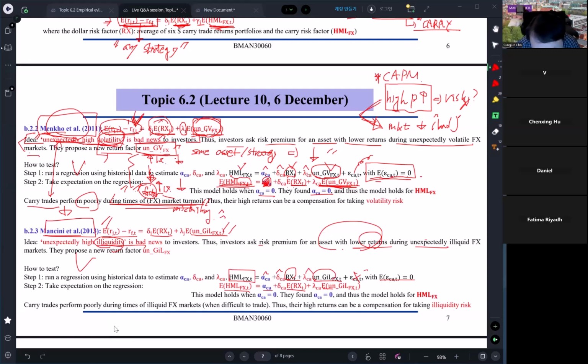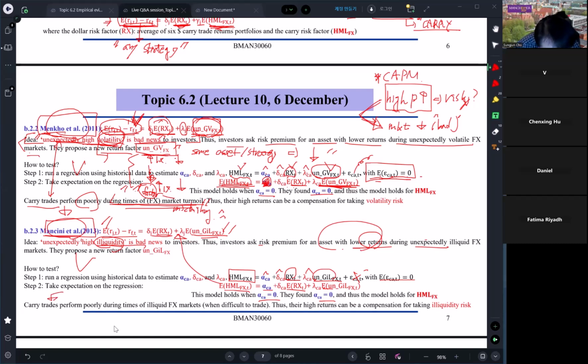If the intercept is equal to 0, then we recover our model, which means any excess return from implementing a currency strategy, including carry trade, is explained by these two risk factors. Indeed, they find that this is equal to 0, which means the profitability of the carry trade strategy is explained by its riskiness related to these global illiquidity situations.